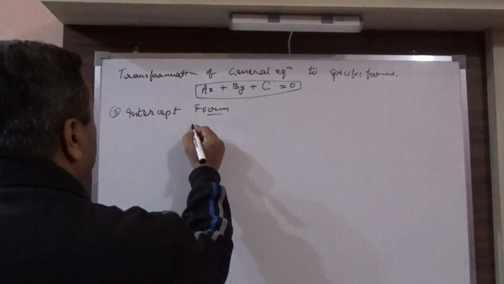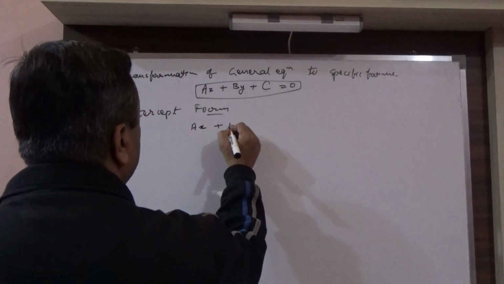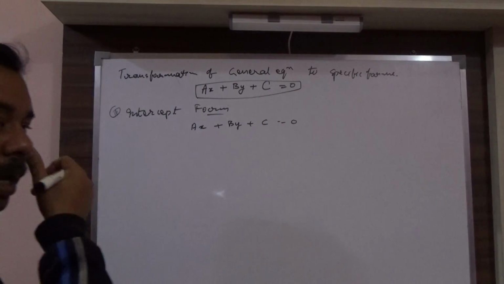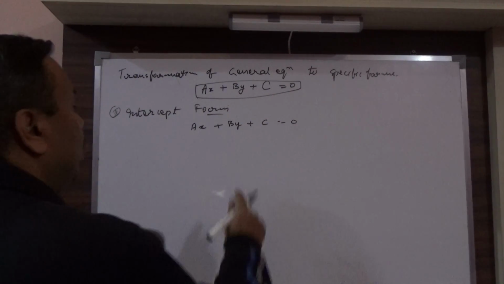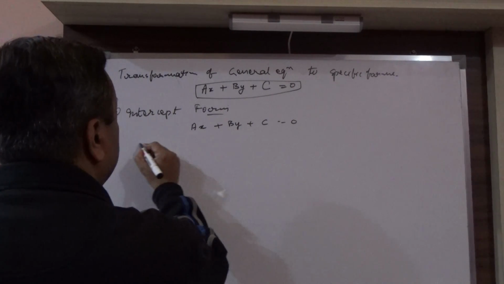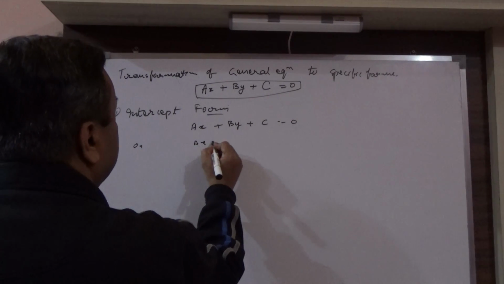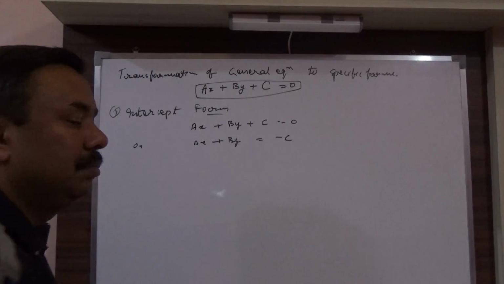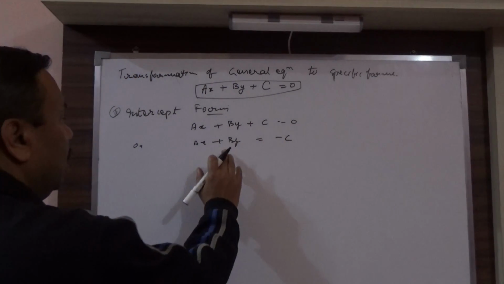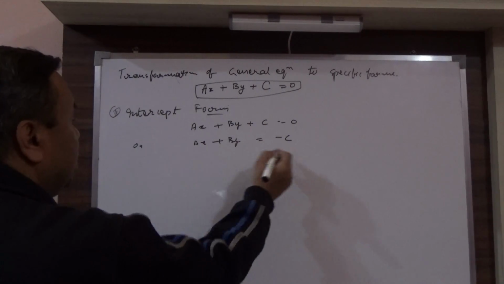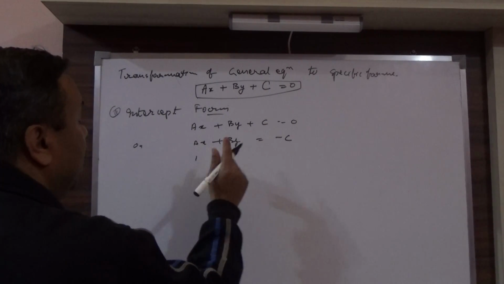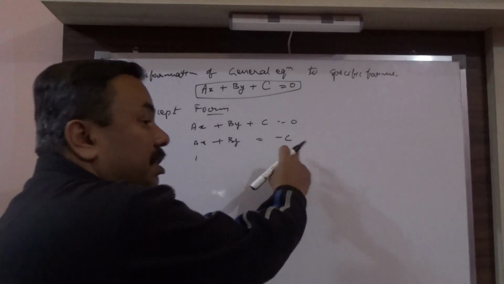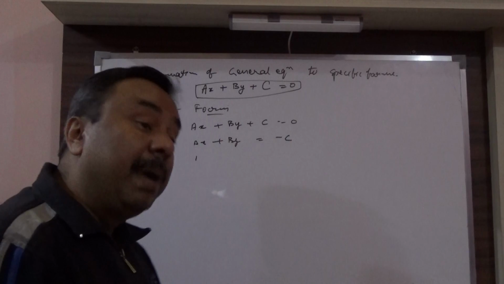So I will take the general equation, and then I will transfer the c to the other side. ax plus by equal to minus c. Then divide by not c but minus c, because I need plus 1 on this side, so I will divide it by minus c.